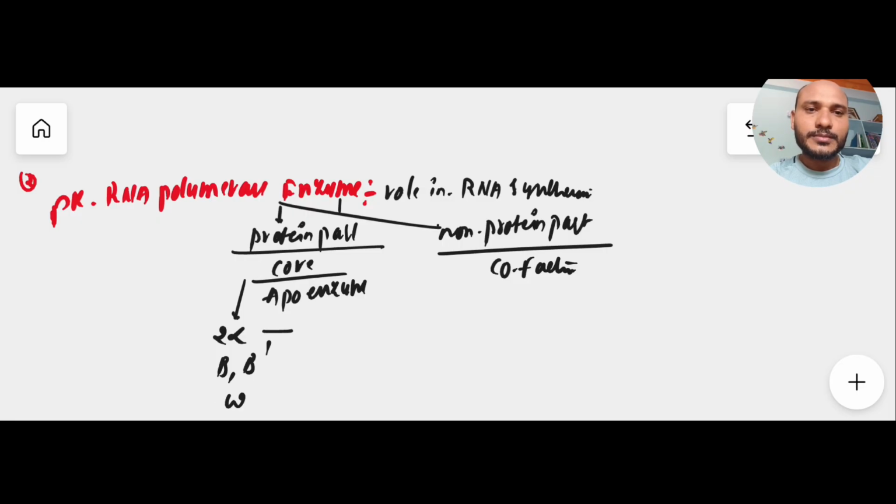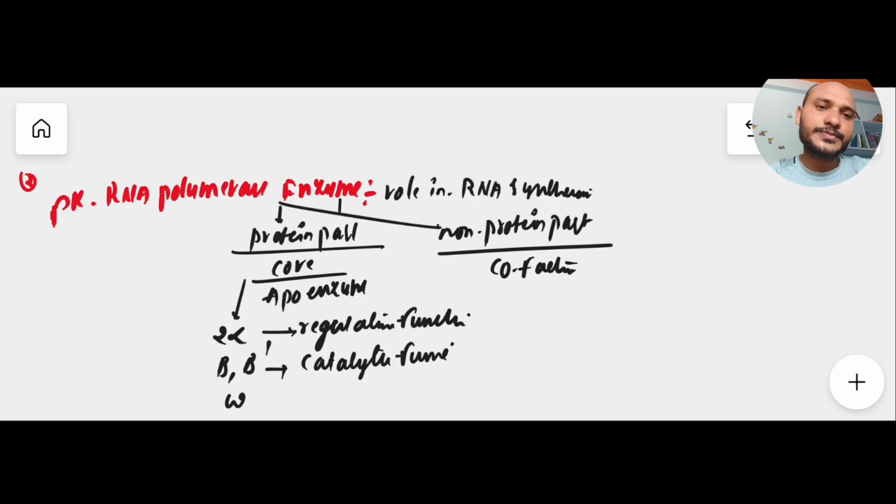The 2 alpha main function is regulative function during RNA synthesis, and beta and beta prime help in catalytic function, and epsilon helps in assembly functions.